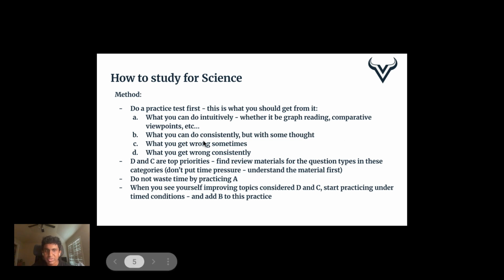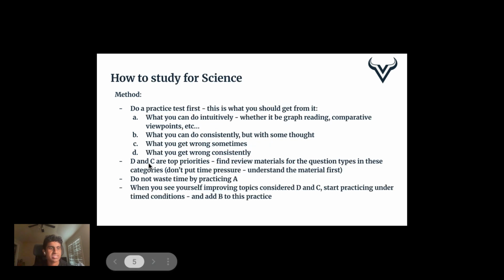What you get wrong sometimes, that's your third bracket, and then what you get wrong consistently, that's your fourth bracket. For me, science was the easiest section since I started. So if you're struggling with science, I recommend just practicing, because I think it's the easiest one to get better at very quickly.